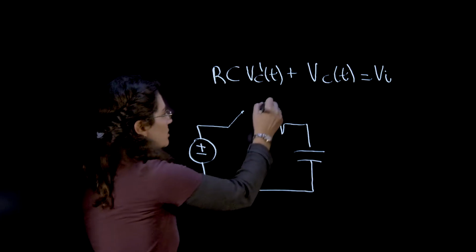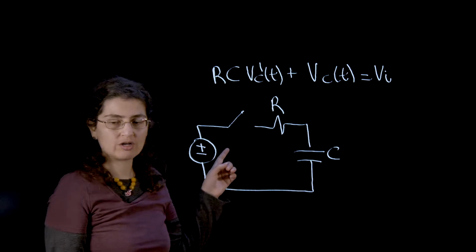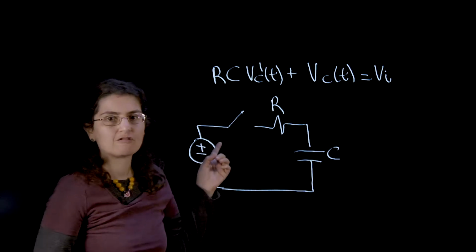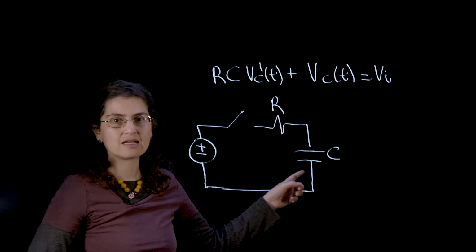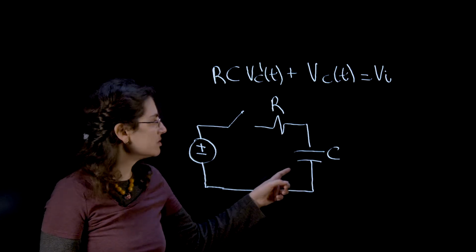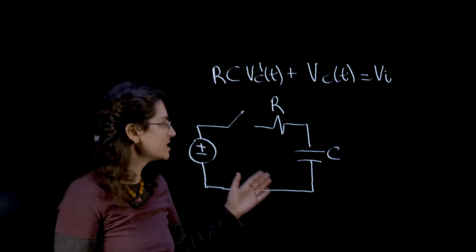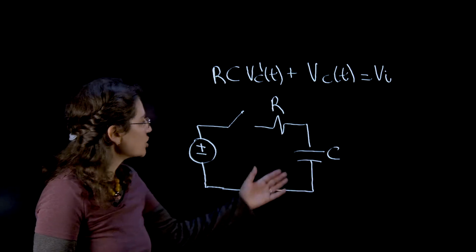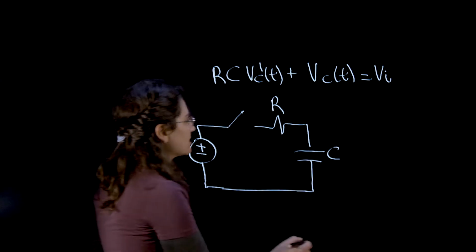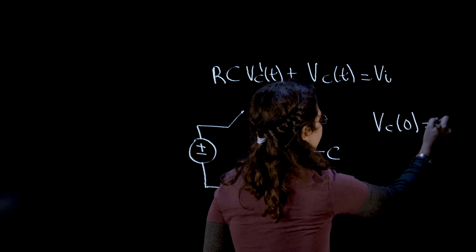First we are going to assume that the switch has been open for a long time, and therefore the capacitor has had a lot of time to discharge. So the capacitor is in its discharged state, which means that the initial voltage of the capacitor at t equals 0 is 0.